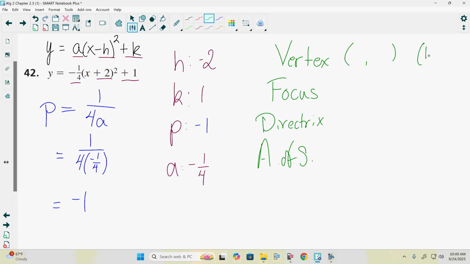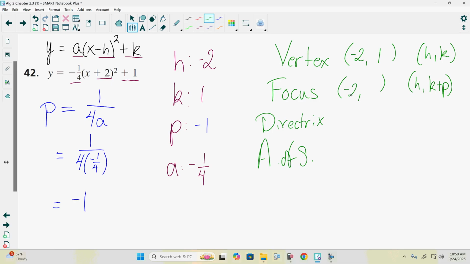Now the vertex in the general form is the point h, comma, k. Our value of h in this case is negative 2, and the value of k is 1. Our focus, again, we would look at the general form for focus for our y equals, which is h, comma, k plus p. We know what the value of h is.